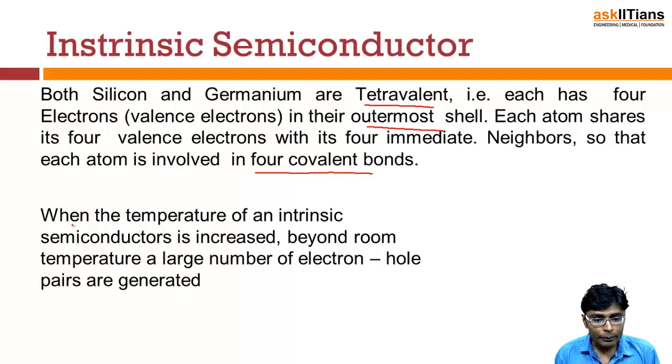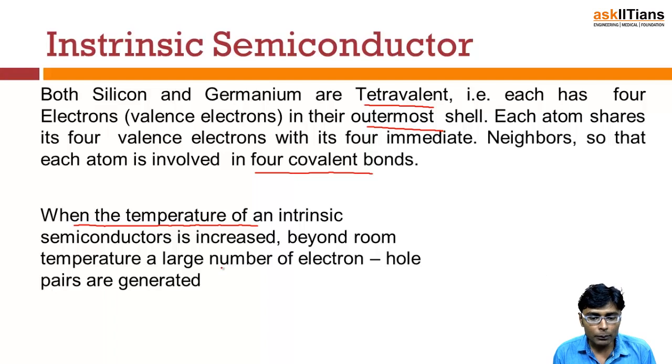Now see what happens when the temperature of an intrinsic semiconductor is increased. If the temperature goes on increasing beyond room temperature, the strength of the bonds goes on decreasing, and at a particular temperature the bonds start breaking.